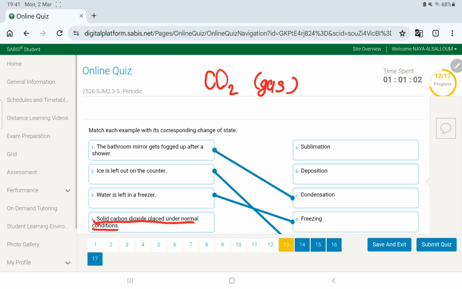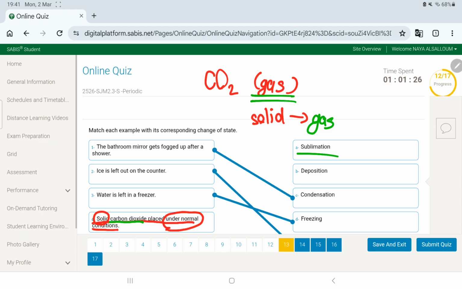But here you have solid carbon dioxide. So solid changes into a, so here it's placed under normal conditions. So when carbon dioxide is back to its normal conditions, it's gonna change back into the gas we all know, right? When you see solid carbon dioxide, it's sublimation.